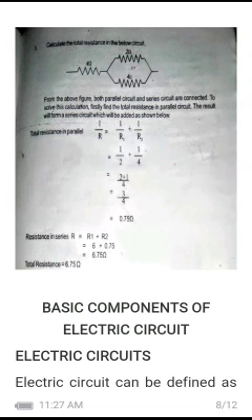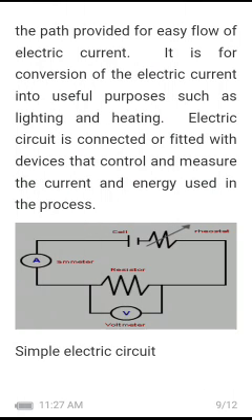Now, there are components of an electric circuit. When you see a circuit, what are those things that will be there? An electric circuit is the path through which the current flows. It is for conversion of electrical current into useful purpose, such as lighting and heating.